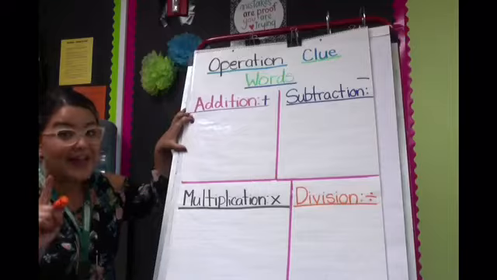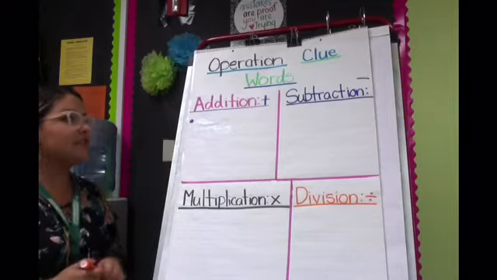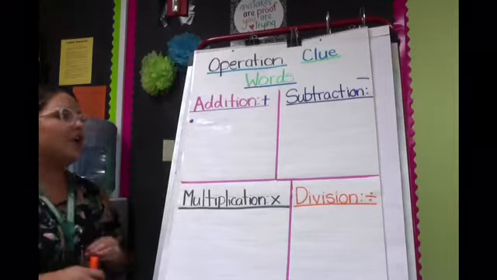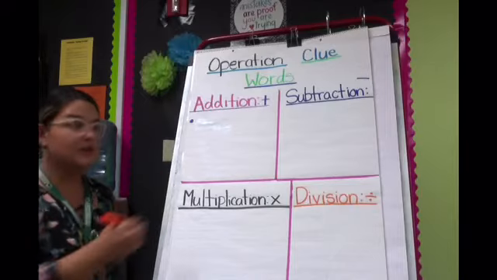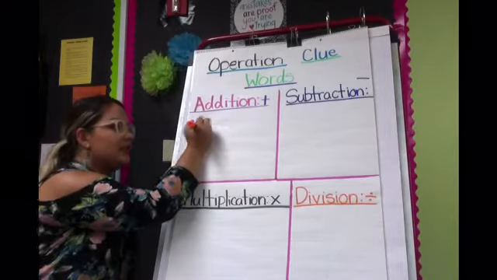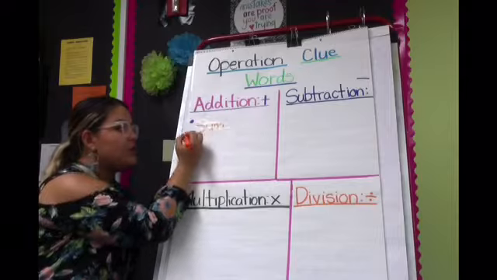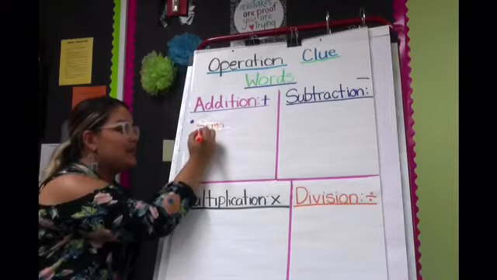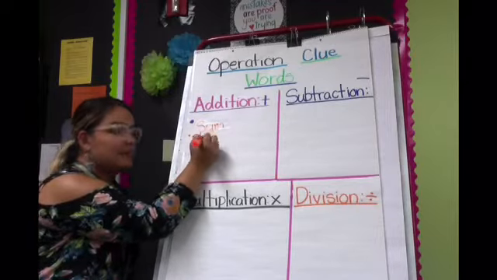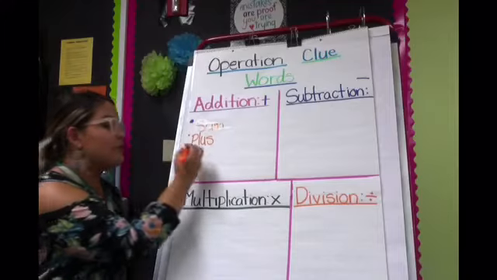So, really helpful hint. If they're asking you to do addition or add, you're going to see some of these words in the problem. You're going to see the word sum. You may see the word plus. And make sure you are writing these down in your notebook.